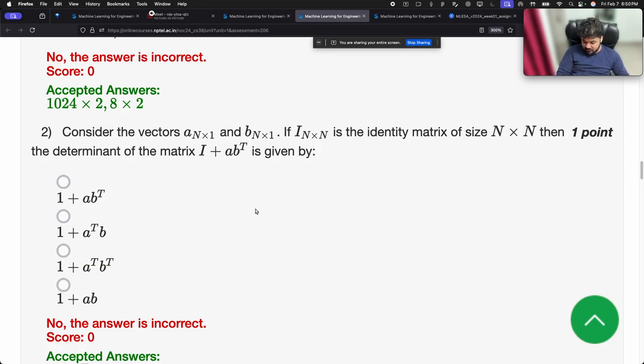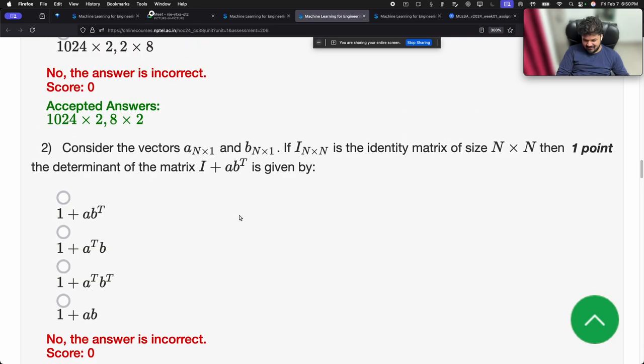Can anyone tell me which one is correct? Almost there. No, no. The second option is correct. Okay.